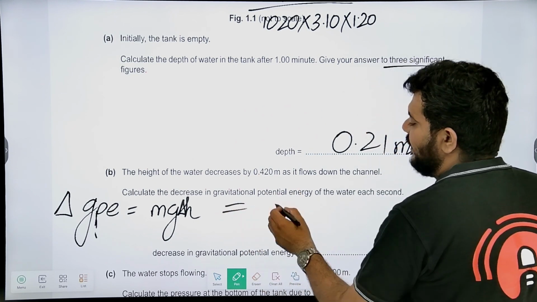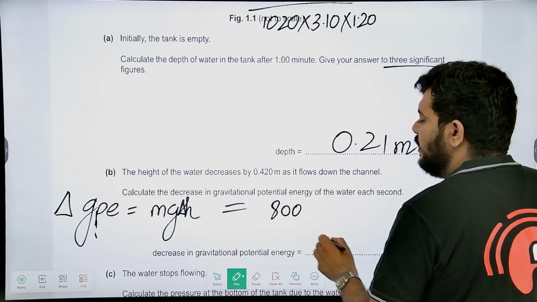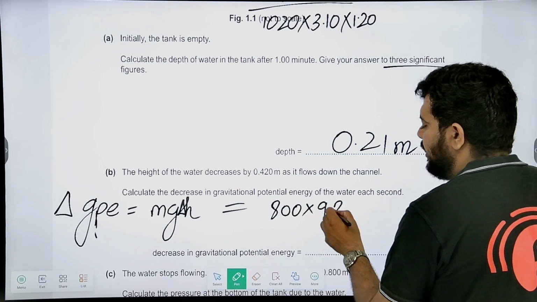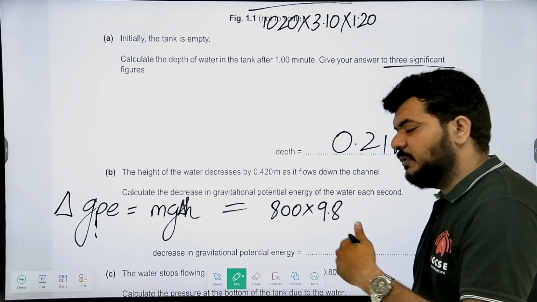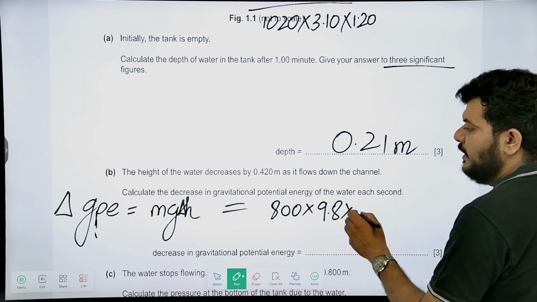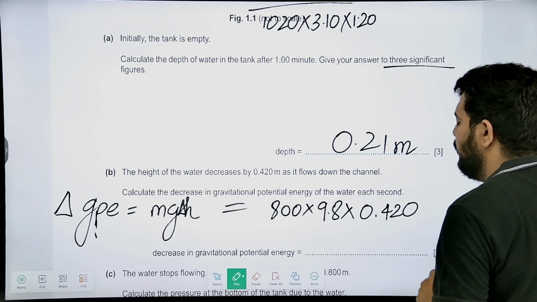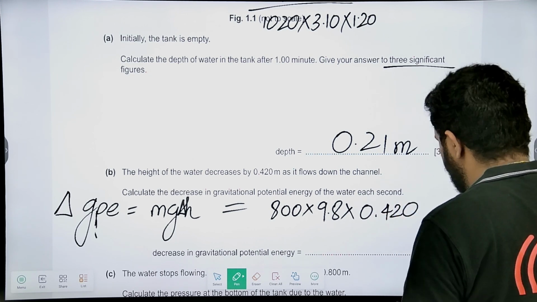From here, I will write the mass of water that flows is 800 multiplied by the gravitation. We will take 9.8, right? Previously we used to take 10, and the height we will take as given, 0.420. So let's multiply that now.